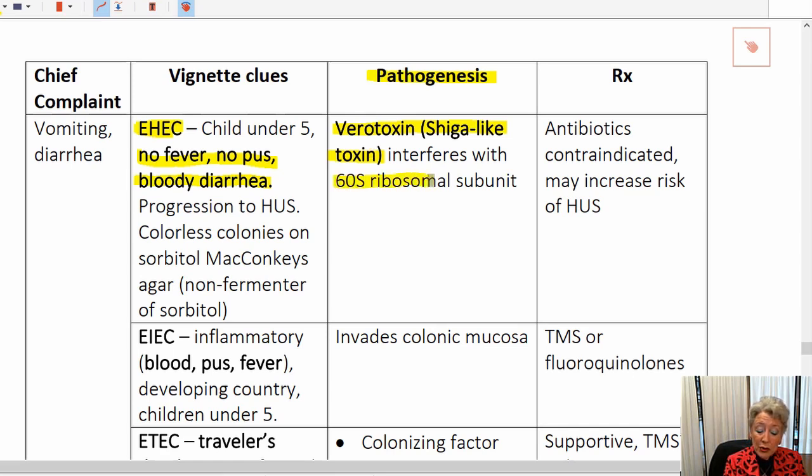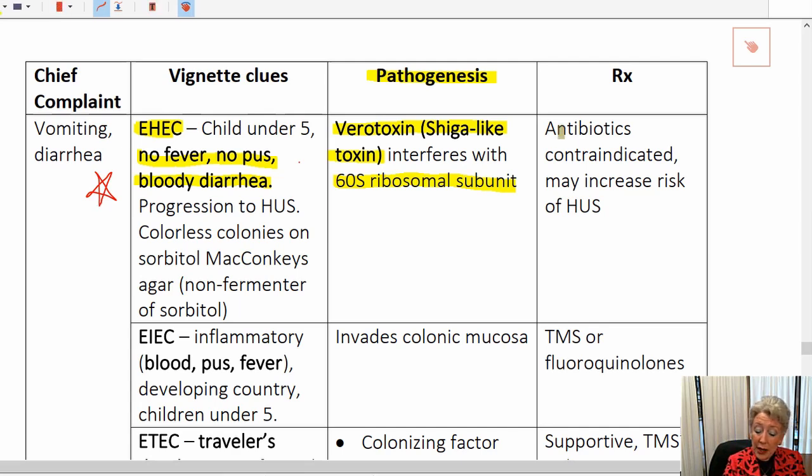Remember, it is through shutting off the 60S ribosomal subunit that I get cellular death, which causes the hemorrhage into the bowel. But that's not an inflammatory condition. Thus, no fever, no pus.